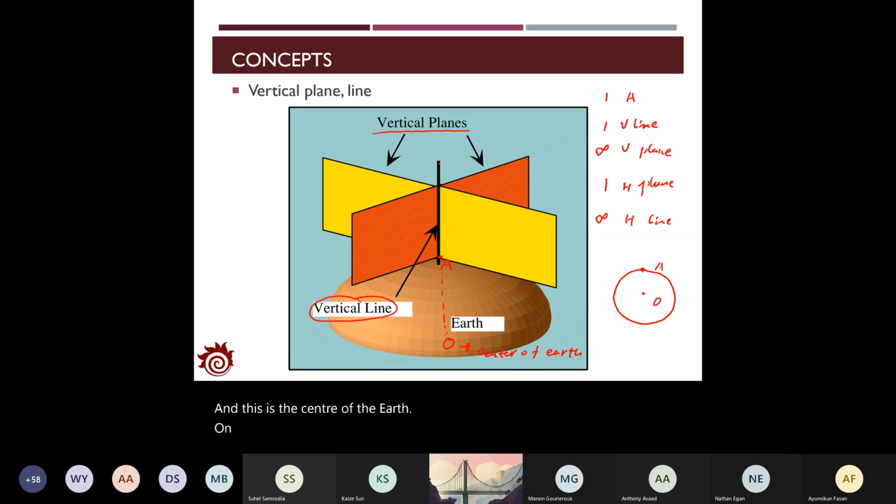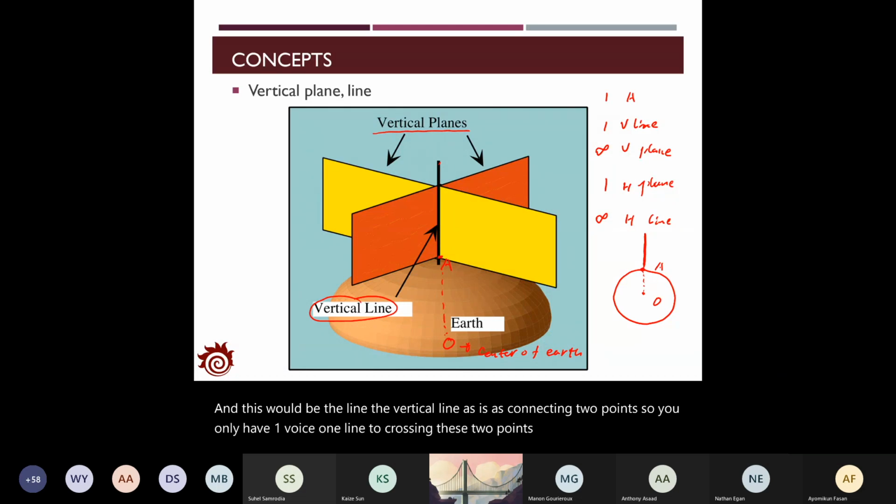The vertical line is a line which starts from the center of the Earth and crosses the reference point. This would be the vertical line, connecting 2 points. So you will only have one line crossing these 2 points. This indicates that if you are provided with 1 reference point, you will only have 1 vertical line.